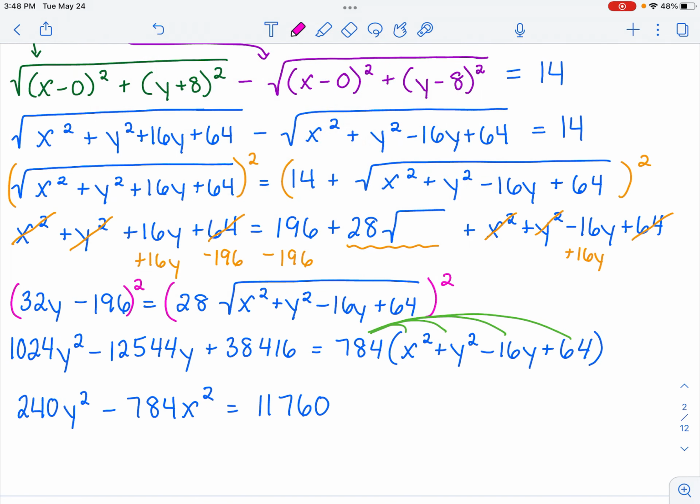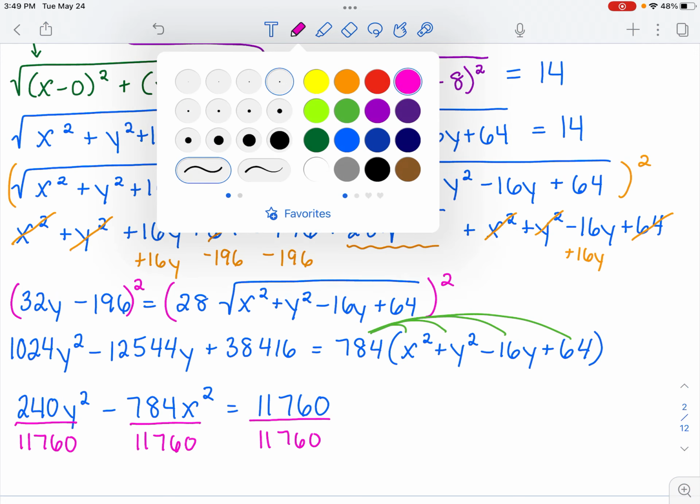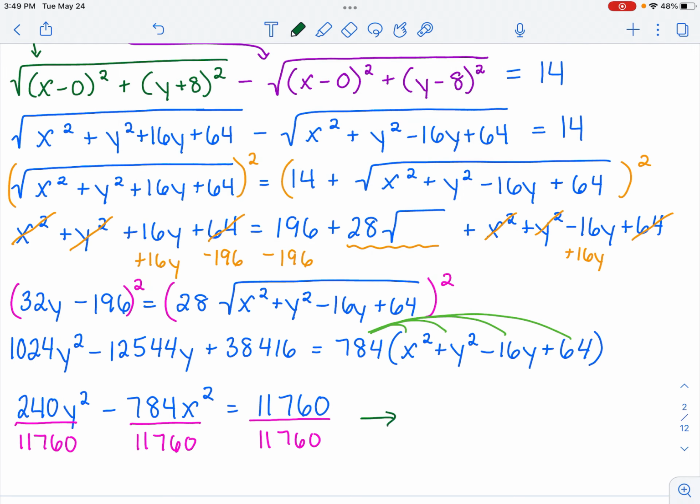Next, final step. Like an ellipse, a hyperbola has to equal 1. So I'm going to divide out the 11,760 from both sides of the equation. I'm going to do it term by term, all right? And then I need to simplify the individual terms. So here's what we're going to end up with. 240 over 11,760.